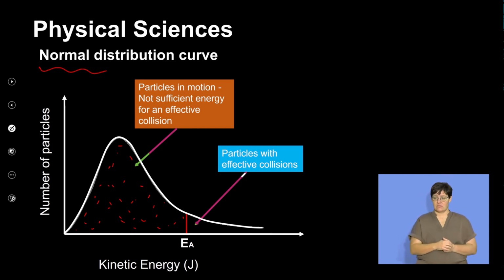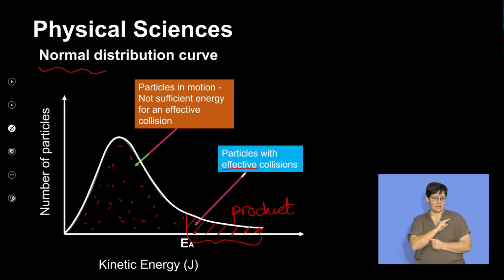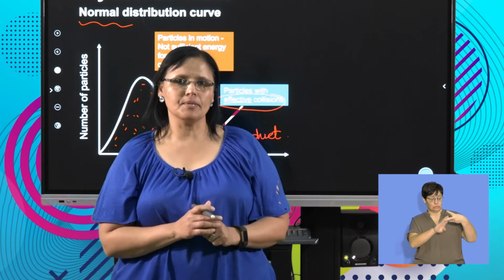This part is the particles that cause effective collisions. In other words, this part of my distribution curve is the particles that will form product, because these particles form effective collisions. I just want to remind you again that an effective collision has two requirements.